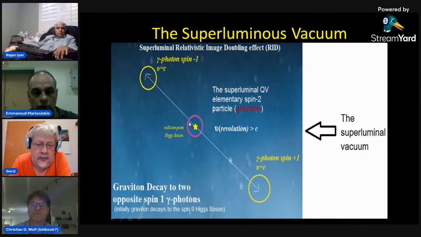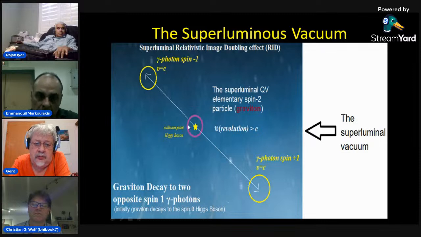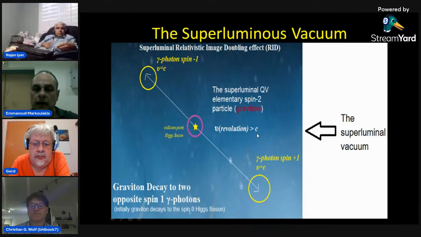Topologically, all spin 1 particles can be depicted as a circle, like a bike wheel. But imagine this revolving very fast with a tangential speed faster than the speed of light c, the speed of causality limit. We will explain how a particle can spin faster than the c limit.